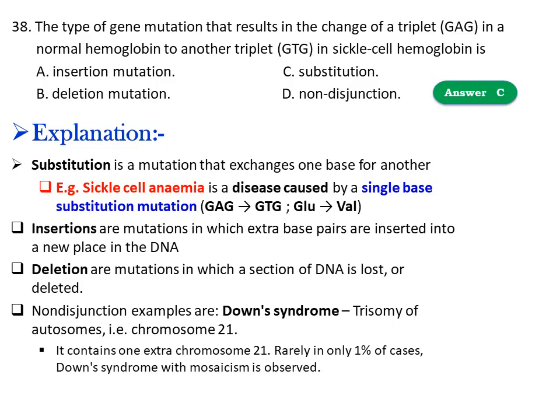For example, sickle cell anemia is a disease caused by a single base substitution mutation. When A is replaced by T, glutamic acid is changed to valine, so it causes sickle cell anemia. The others are insertion, deletion, and non-disjunction, also given with examples. Read them.